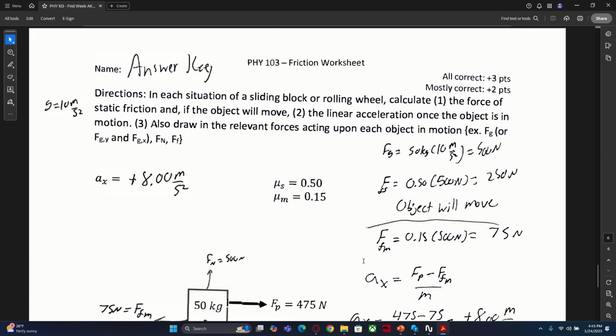And our last worksheet, just to get into free body diagrams and a little bit of friction.